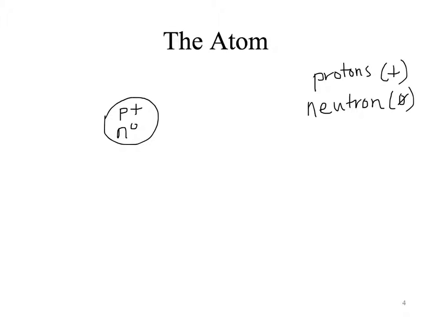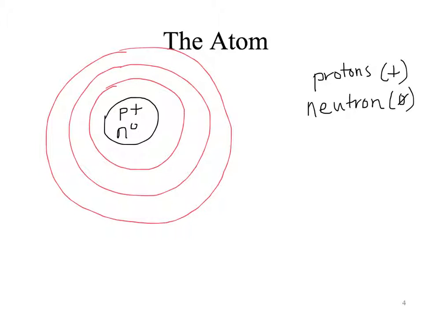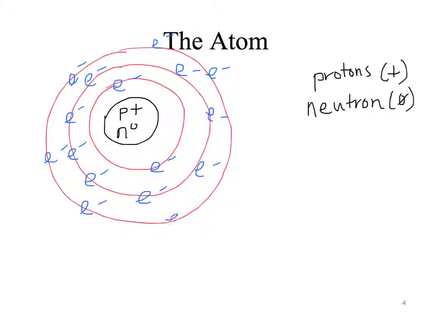And orbiting this nucleus, you have electron orbitals 1, 2, 3, and so on. And you have electrons floating around. Every orbital has its maximum capacity of electrons.